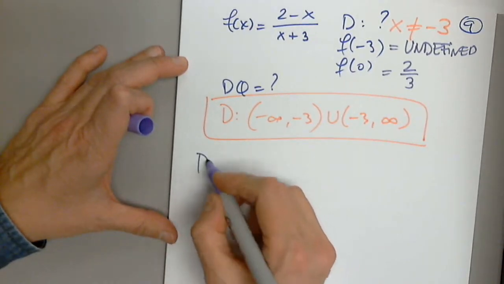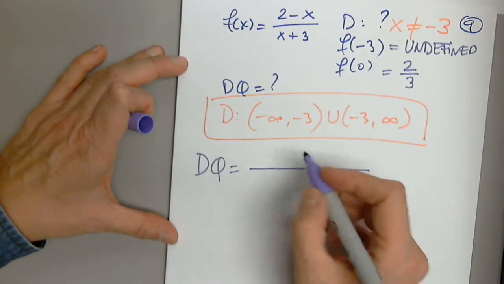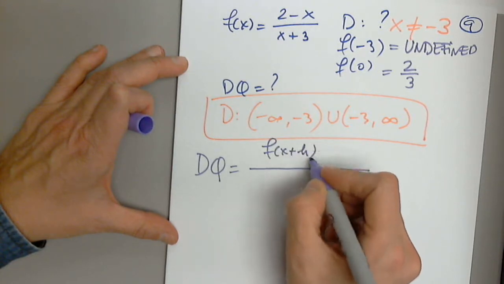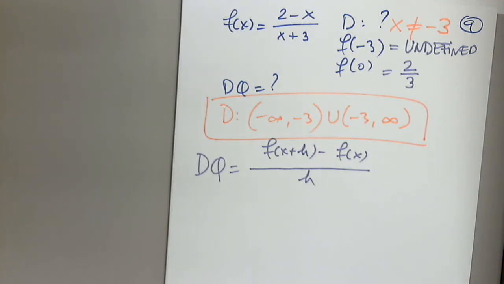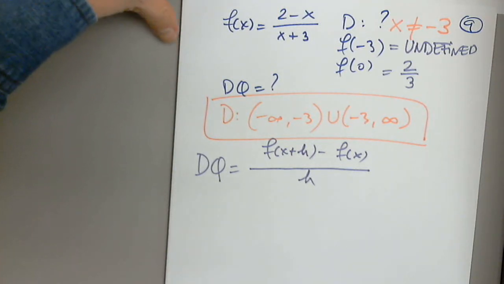So the difference quotient is f of x plus h minus f of x, divided by h. The only thing we didn't do in college algebra, we really didn't work with rational functions. We worked with radical and mainly quadratic, but we didn't really work with rational. Okay, so let's do that.